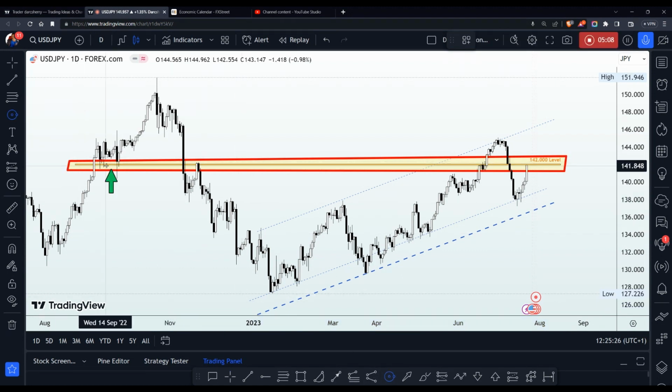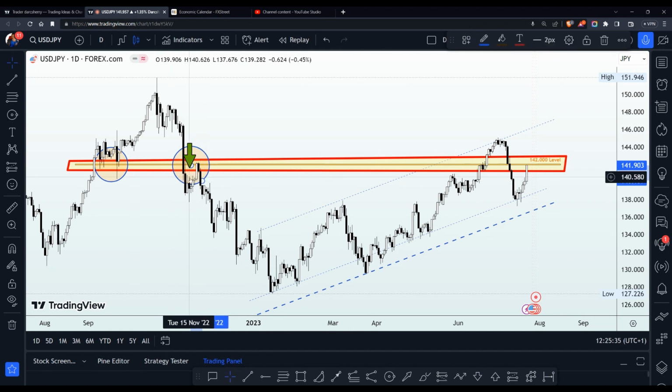As you will see here, this area was a strong demand zone at one point before that level was broken and retested during the month of November of last year. Since then, price has continued to trade below that level, emphasizing some selling pressure around that area.